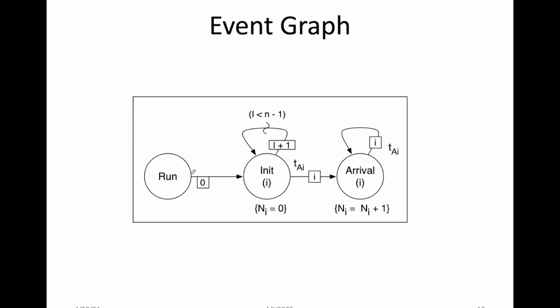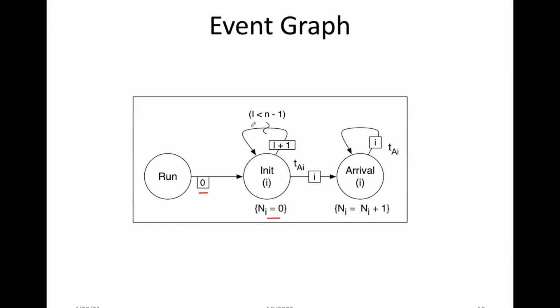So basically now we need to initialize each of the arrival processes. So how do we initialize events n times? It's our old for loop. Here, because we have states, our run is going to schedule init starting with 0, and every time init occurs, it's going to initialize the ith counter to 0.